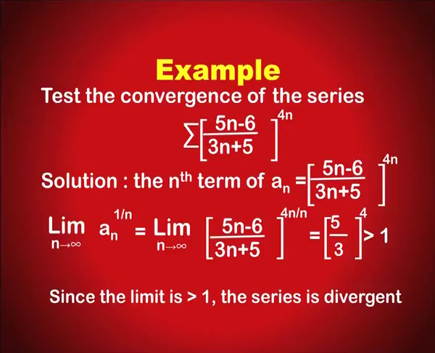Limit n tends to infinity, a_n to the power 1 upon n is limit n tends to infinity (5n minus 6 upon 3n plus 5) to the whole power 4n divided by n, that is (5 upon 3) to the power 4, which is always greater than 1. Since the limit exists and it is greater than 1, the series is divergent.